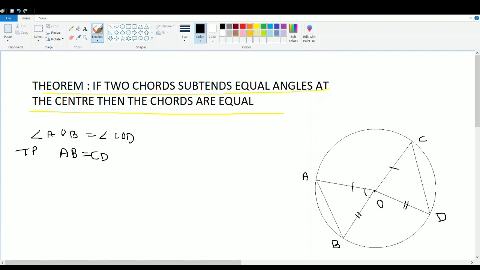Now angle BOA is equal to angle COD, so these are equal angles. So side angle side is a congruency rule, and thus triangle AOB will be congruent to triangle COD, which results in AB equal to CD. That comes from corresponding parts of congruent triangles.